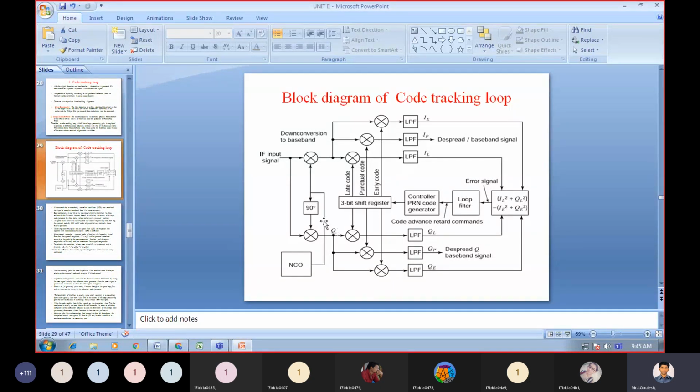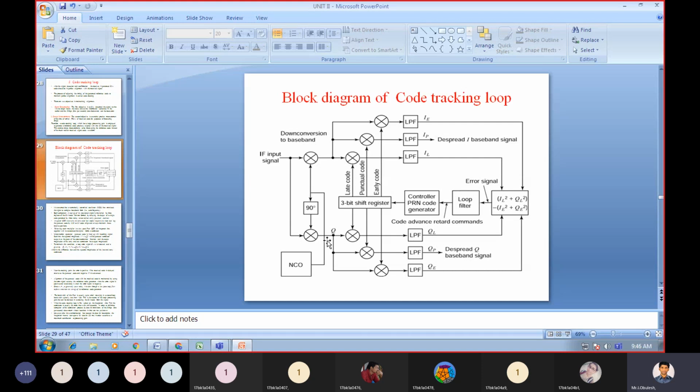Here also we have the same three multipliers. The second input signal has a 90 degree phase shift relative to the IF input signal.